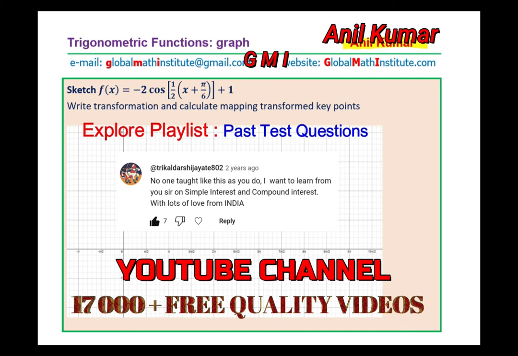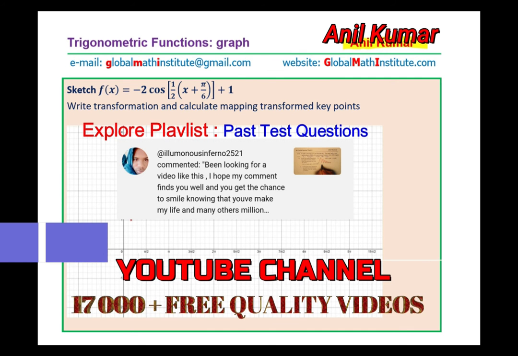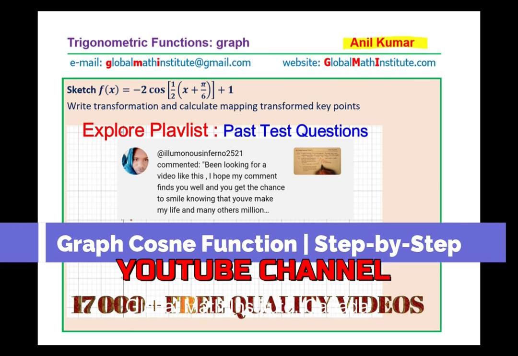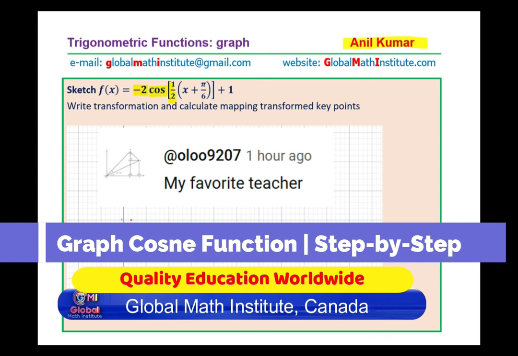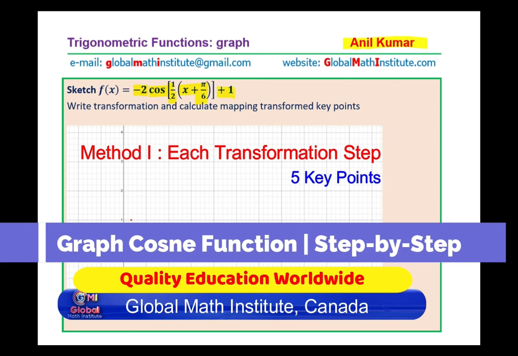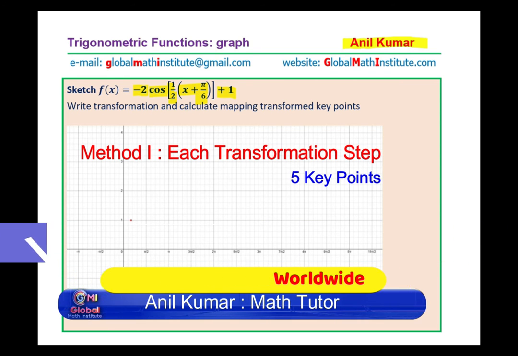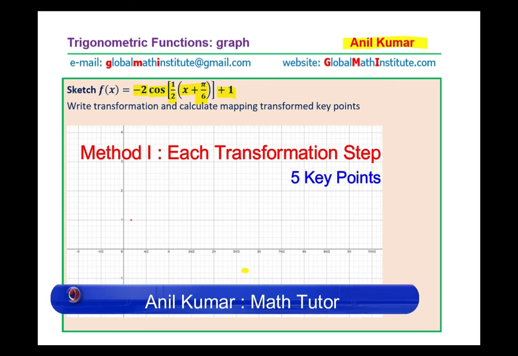How do we sketch the graph of a trigonometric function which is minus 2 cos of half x plus pi by 6, plus 1? I'm going to share with you two different methods of sketching this graph.